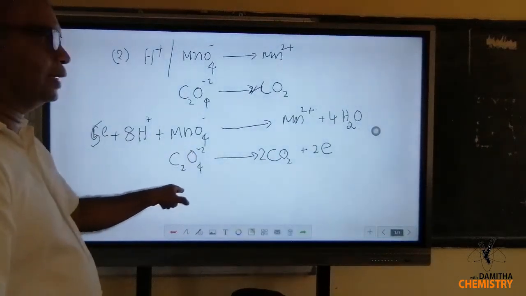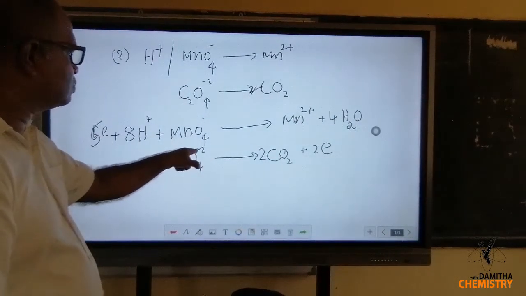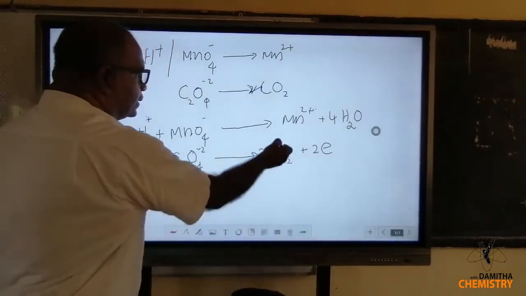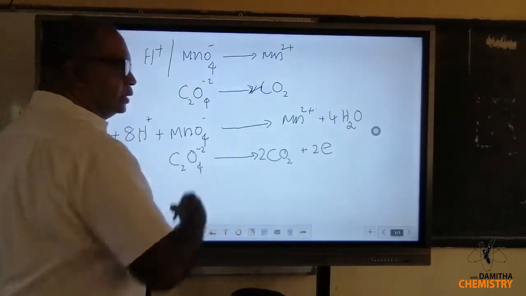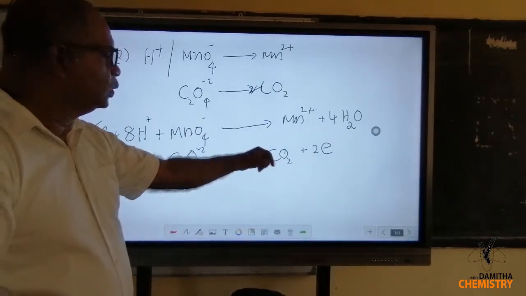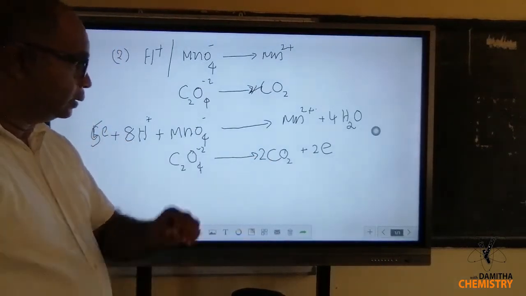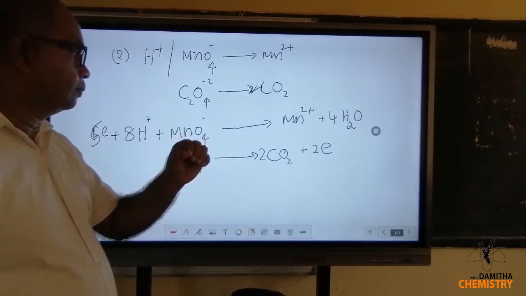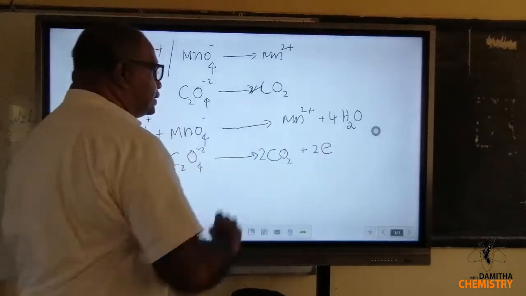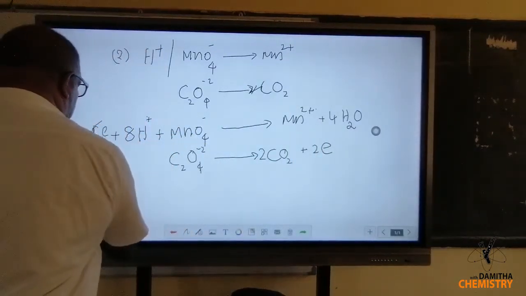The left hand side charge is minus 2, the right hand side has no charge, since carbon dioxide is a neutral compound. Therefore, electrons go on the right hand side.